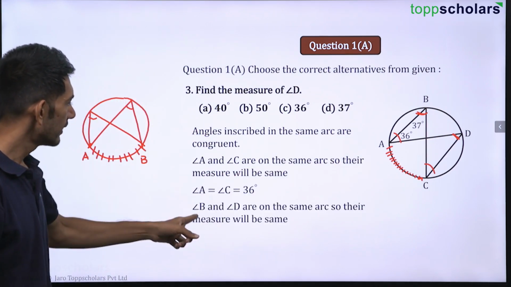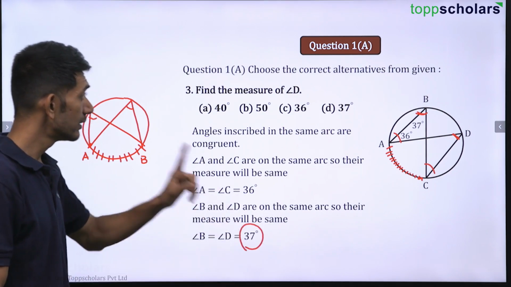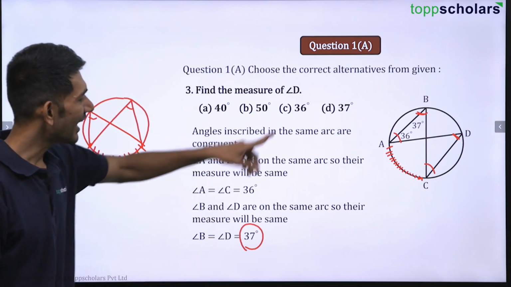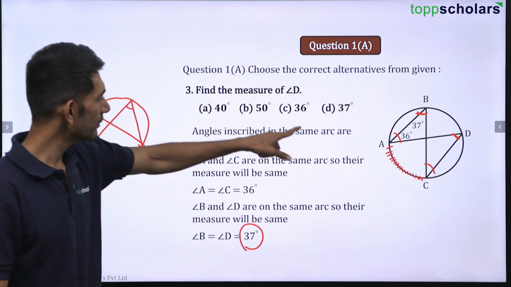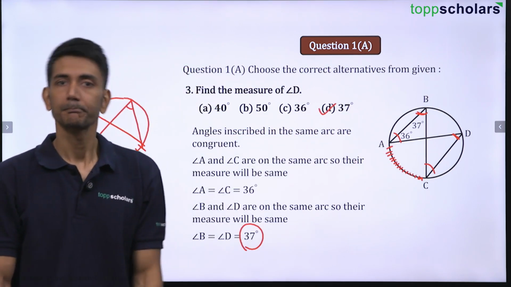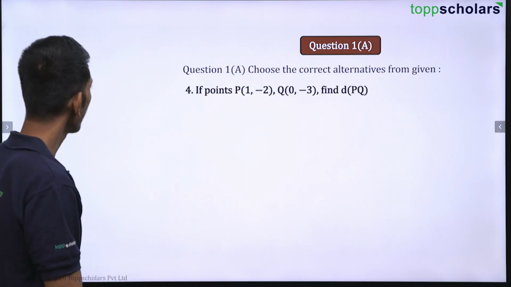That is 36. And then B and D will be the same, so B and D will be 37. So 37 is the correct answer. 36 is not the correct answer, because if they ask you angle C it will be 36. Angle D will be 37. Correct? Simple? Perfect.